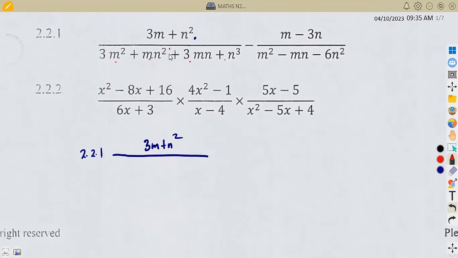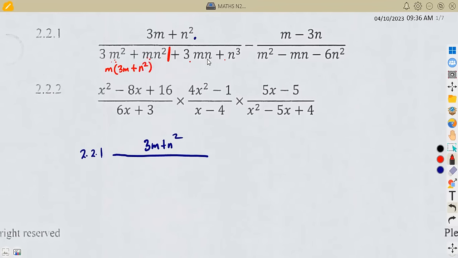So by grouping them into 2, we check if there is anything that is common between these 2 terms. So m is common, we've got m and m. If we factor out m in this case, this is going to remain as 3m squared divided by m, that's 3m, plus mn squared divided by m. M and m will cancel. We remain with n squared.